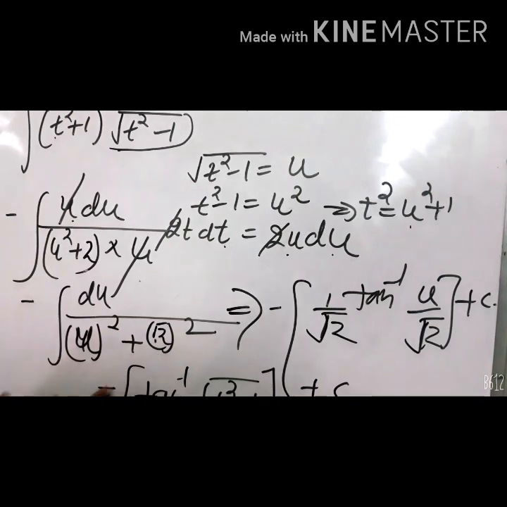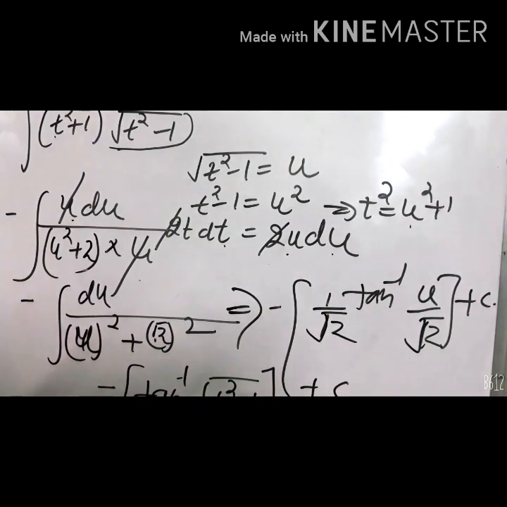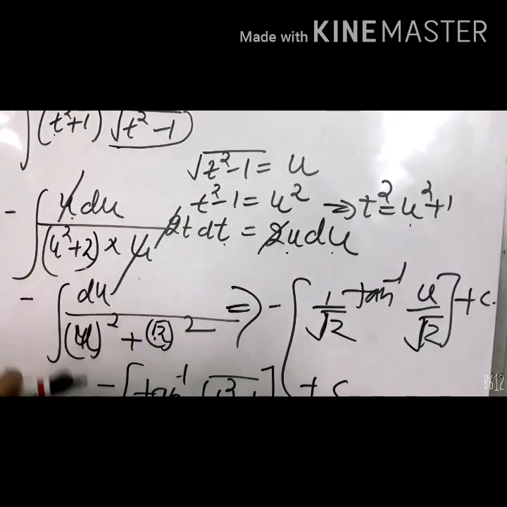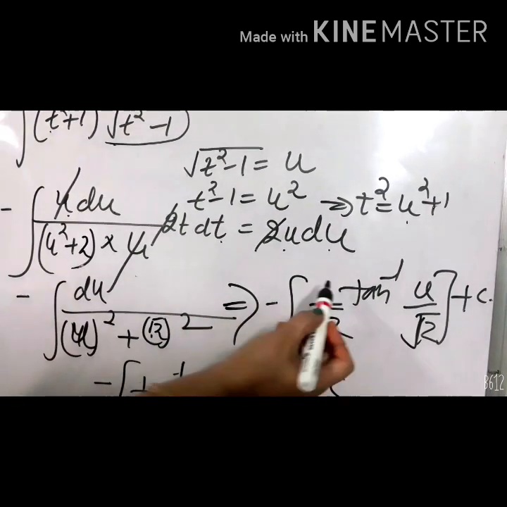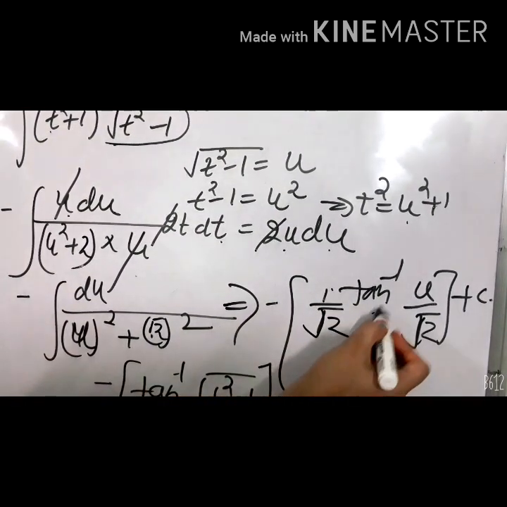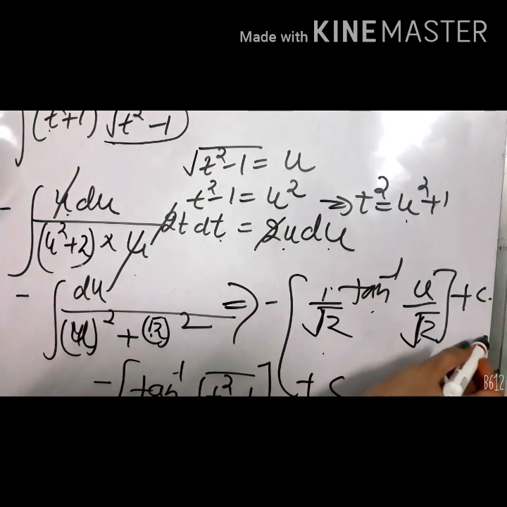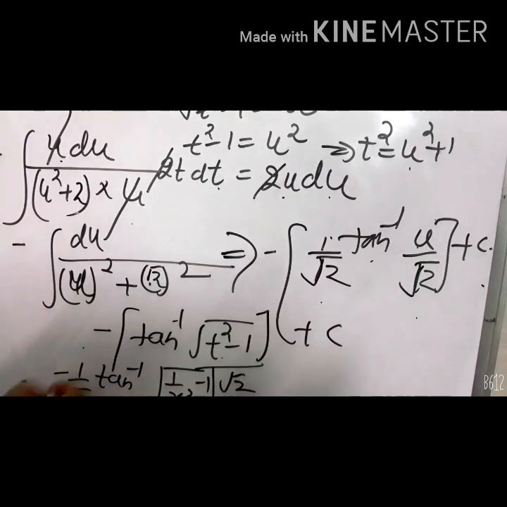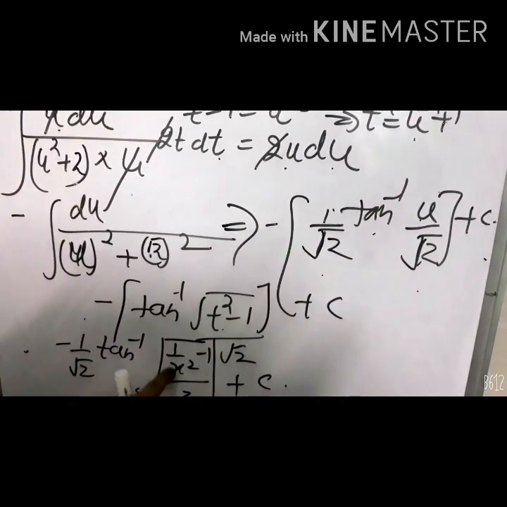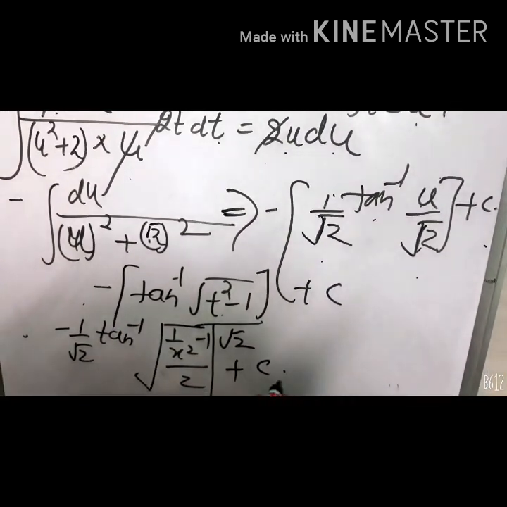So it becomes the formula of integration of dx by x square plus a square, that becomes 1 upon a tan inverse x upon a plus c. Then I will put the value of u here, and again I will put the value of t, that is 1 by x. That completes the answer.